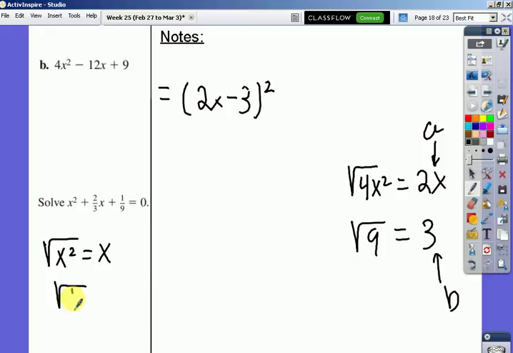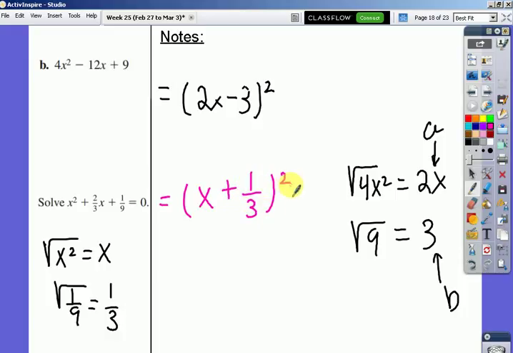I take the square root of 1/9, what do I get? 1/3. So I multiply them together and double it, see if I get that middle term. 1/3 x, double that is 2/3 x, so that works. So that means that this is a plus b squared. So a plus b squared, x plus 1/3 squared.